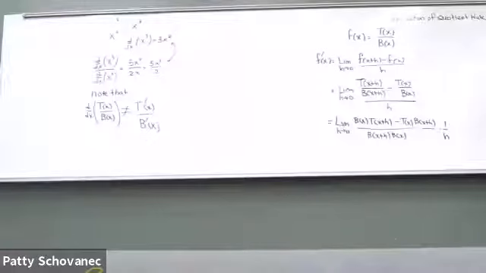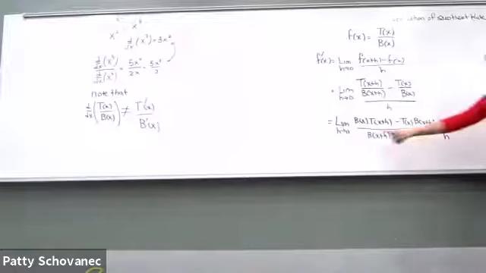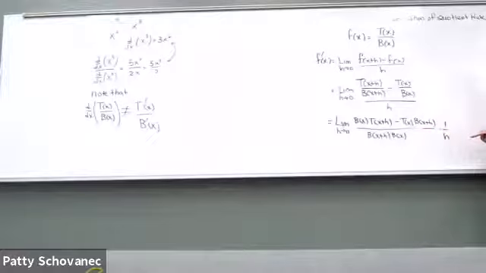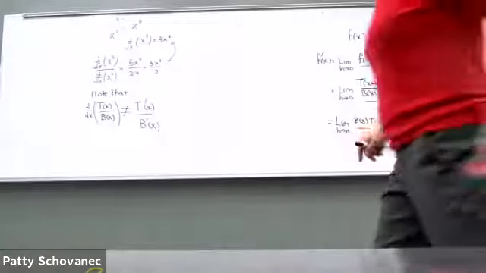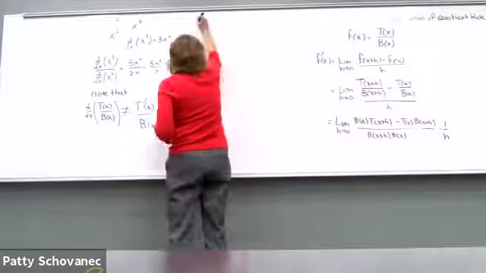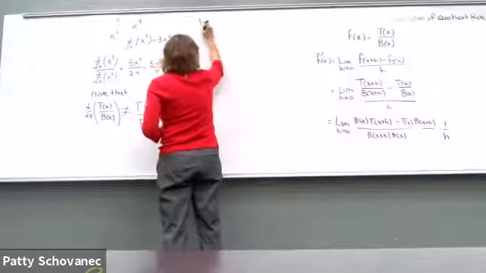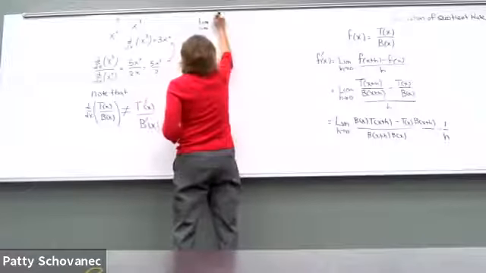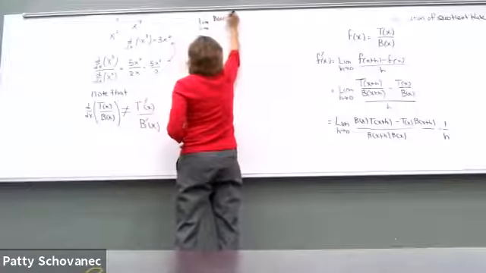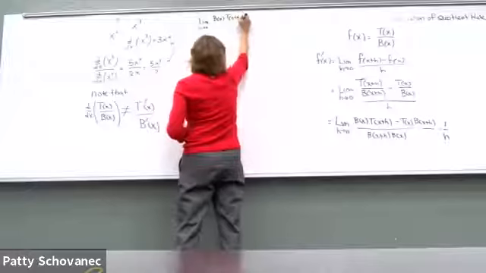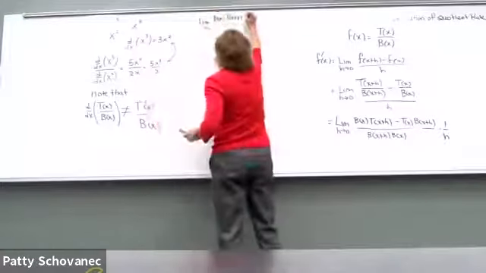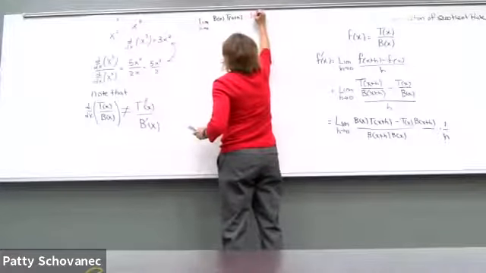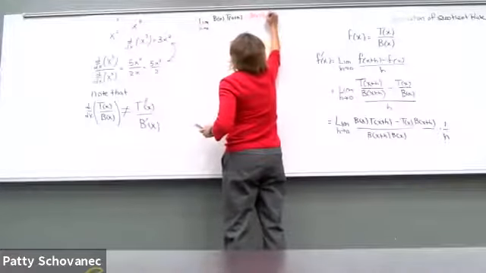Now here's where I'm going to add 0, because again, if I try to take the limit as h goes to 0, I've got 0 over 0. So I'm going to add 0 with my red marker, like this. Keep this here. Let's see, I'm going to first subtract b of x times t of x.